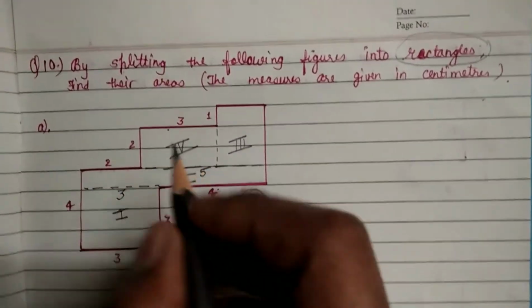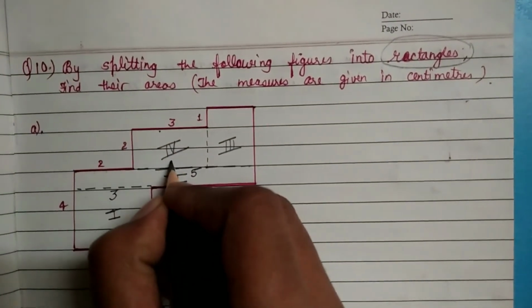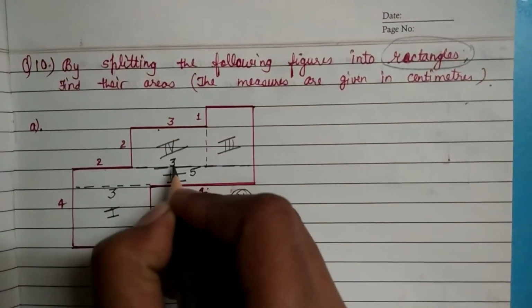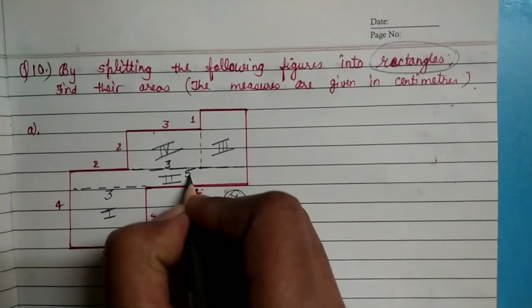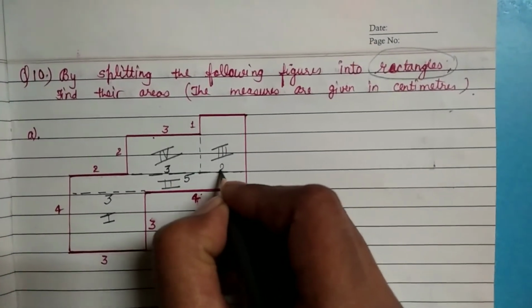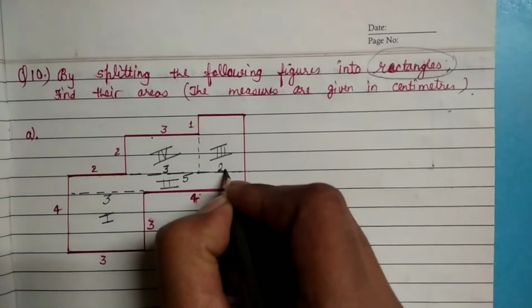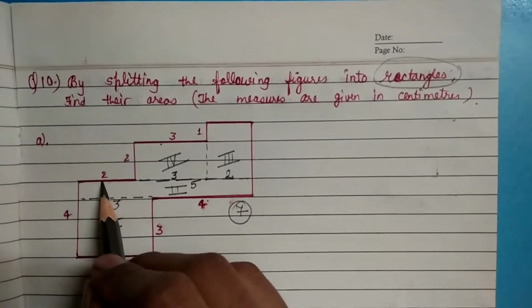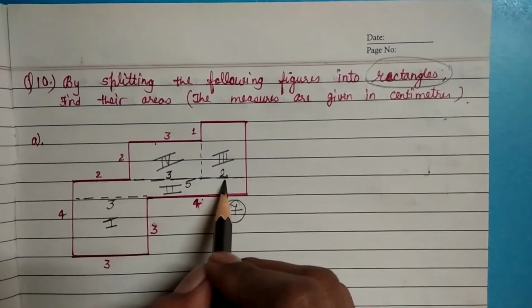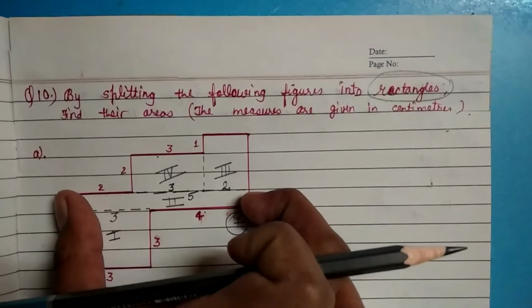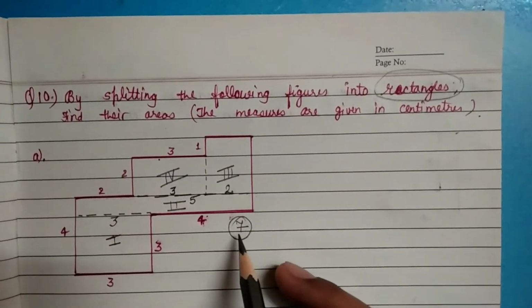So here 3 is exactly equal to this, opposite to this line, so this is 3. It means 5 minus 3 is 2. Here we have 2. Is 2 plus 3 plus 2 equal to 7? Yes, completely this splitting line is forming 7.